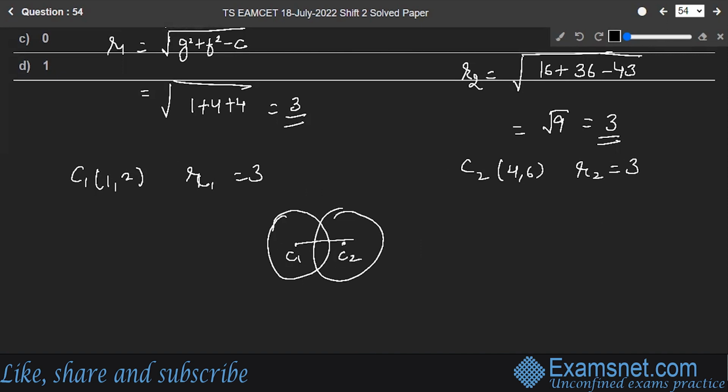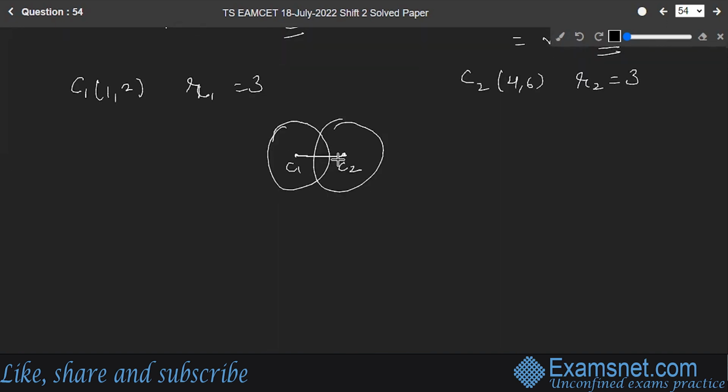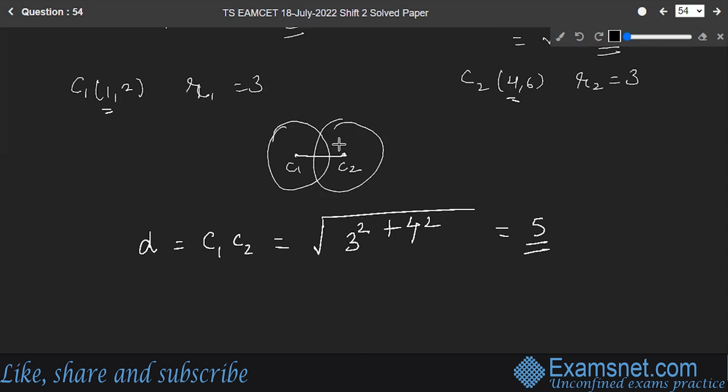So let's calculate D. D is equal to C1C2, that is root of (1 minus 4) squared, that is minus 3 squared, which is 3 squared, plus similarly (6 minus 2) squared, that is 4 squared. This is going to give me 5. So the distance between the two centers is 5. We got this thing.